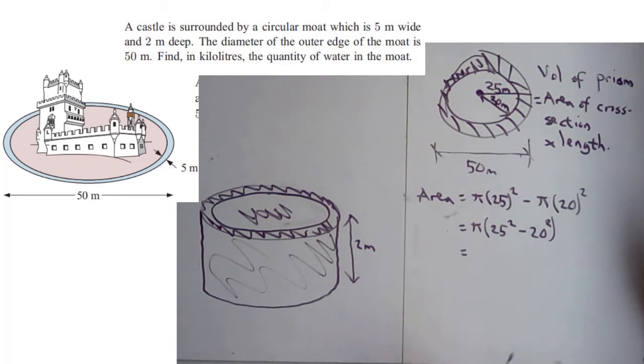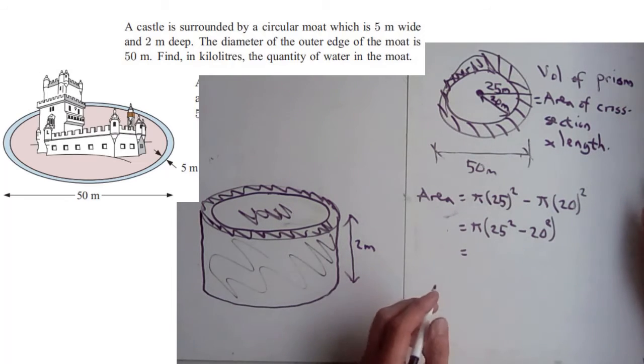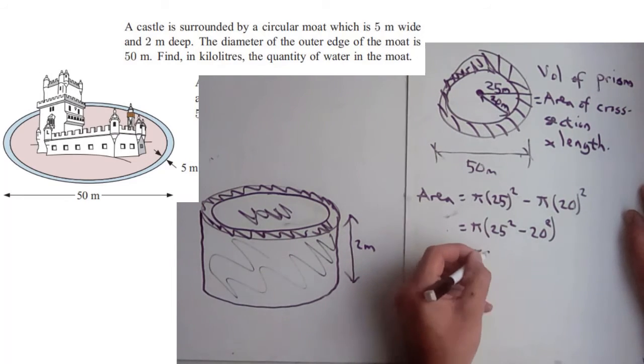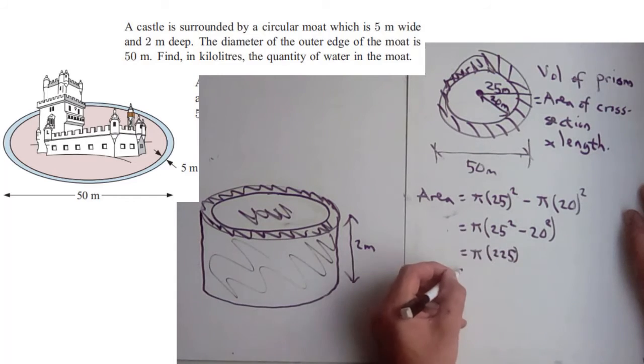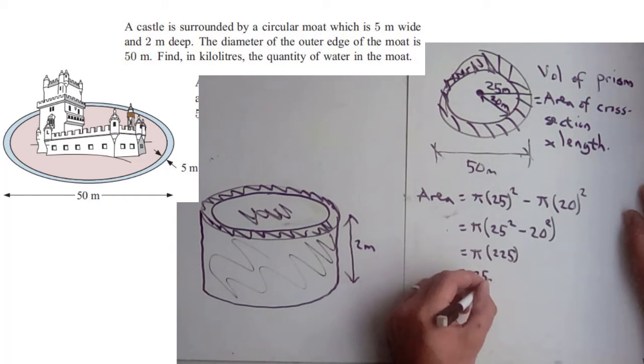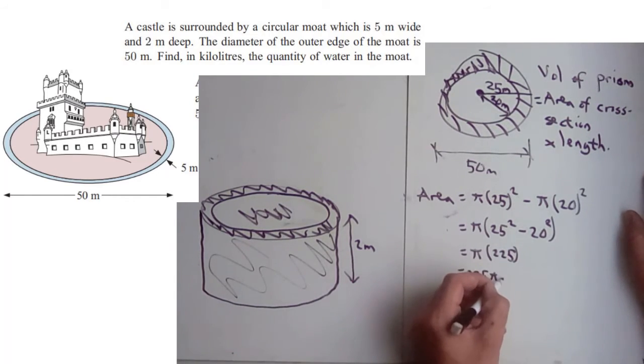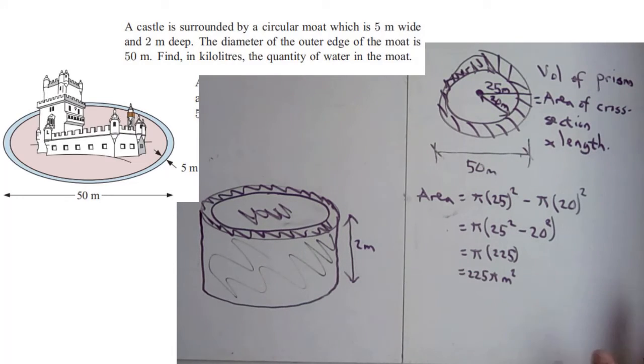I'm just going to work that out. So 25 squared minus 20 squared is 225. So this is pi times 225. So equals 225 pi, and that's area in meters squared. Now what you don't want to do is work out what is 225 times pi. That would not benefit you in any way. If you're going to use a number in calculation, which we are, then just leave it like that.